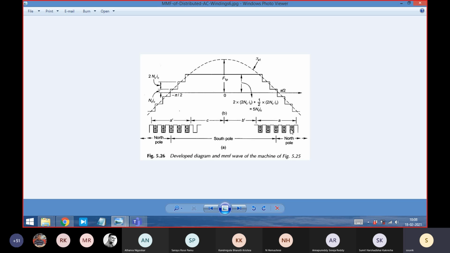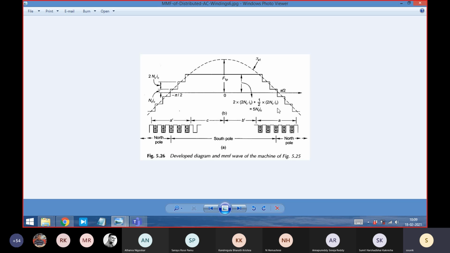You can note that here there are two conductors, so actually it is 2 into N into I, divided into two parts, one for the positive part and one for the negative part.